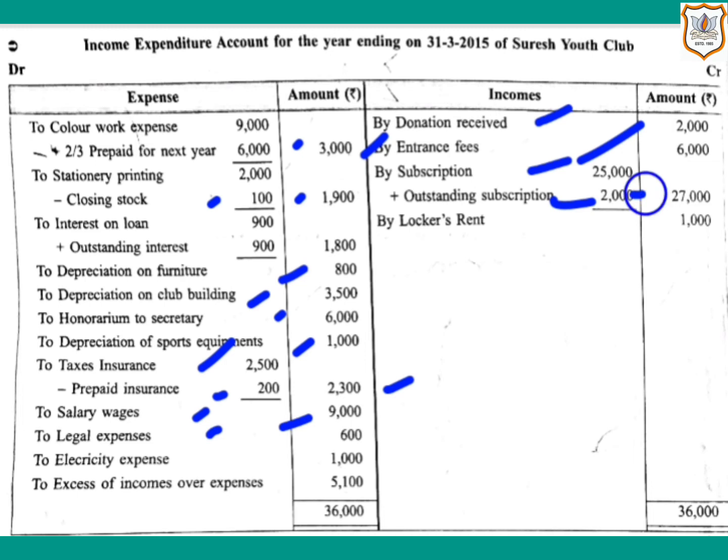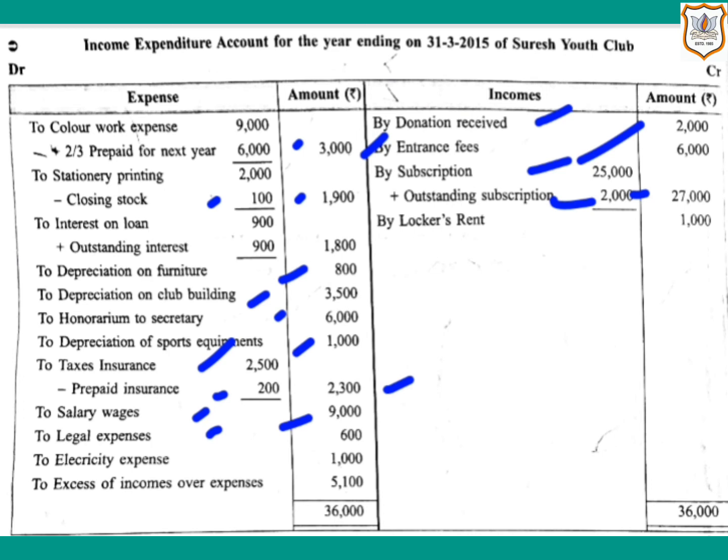Then we are given interest on loan, that is 900. 900 is recorded in the trial balance. But in the trial balance, the 12% loan is also given, which was taken on 1st April 2014. That means if we calculate 12% interest for the entire year on 15,000, we will get 1,800.